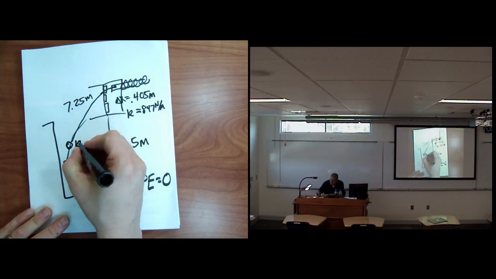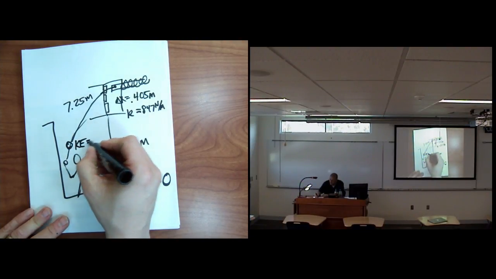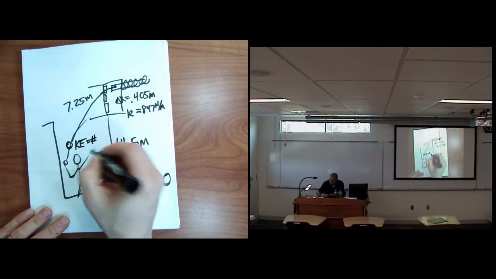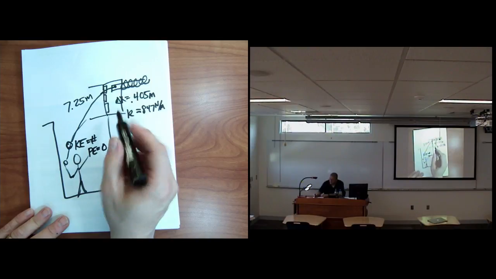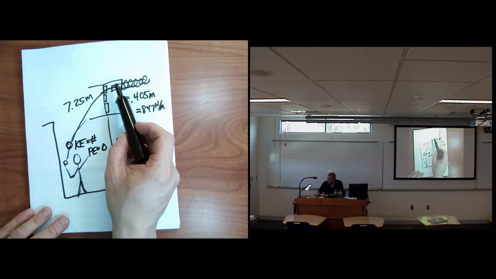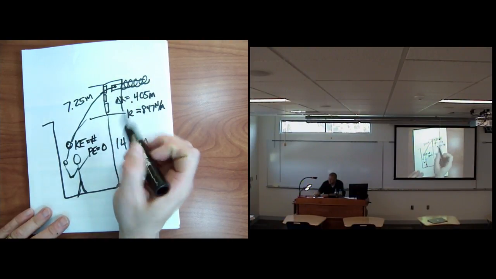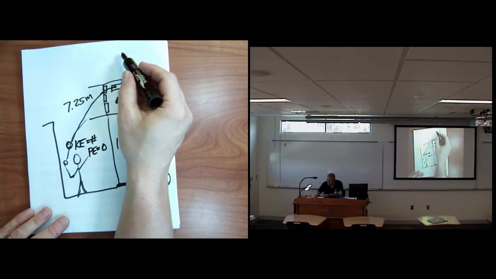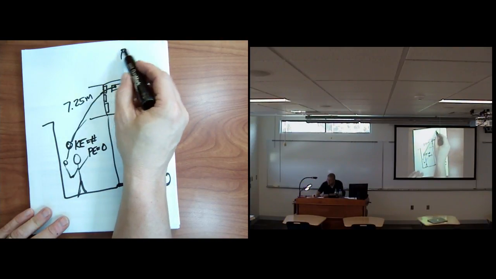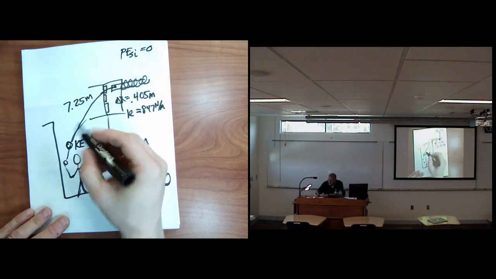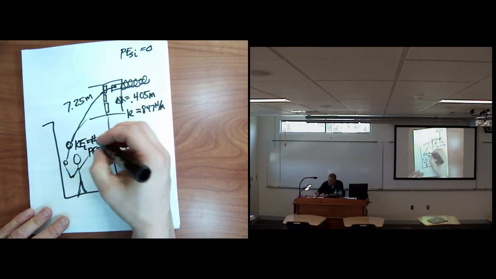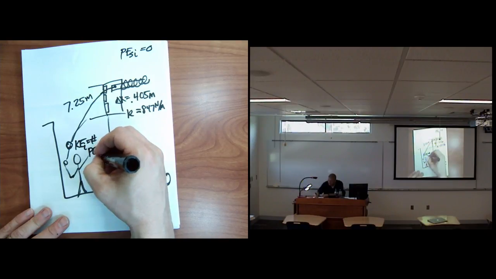It doesn't have any potential energy, so kinetic energy equals some number, but potential energy equals what? At the bottom of the pit? 0, right? And the spring up at the top also has energy, but before the ball hits it, it has no energy stored in it. So the potential energy of the spring initially is 0, and the kinetic energy initially is some number, and the potential energy initially is 0.